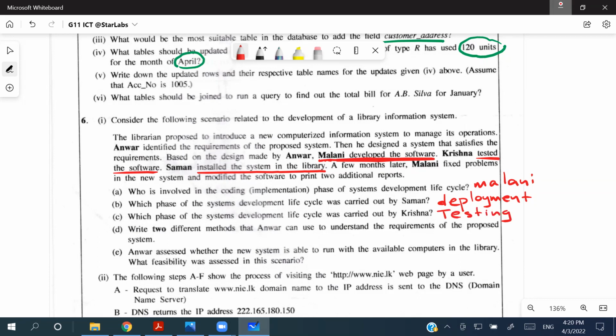Write two different methods that Anwar can use to understand the requirement of the proposed system. Yes. So he can do interviews. He can do observations. Right? He can give a questionnaire.